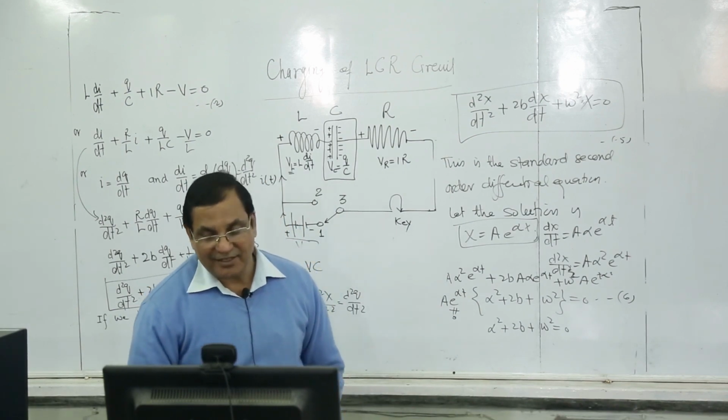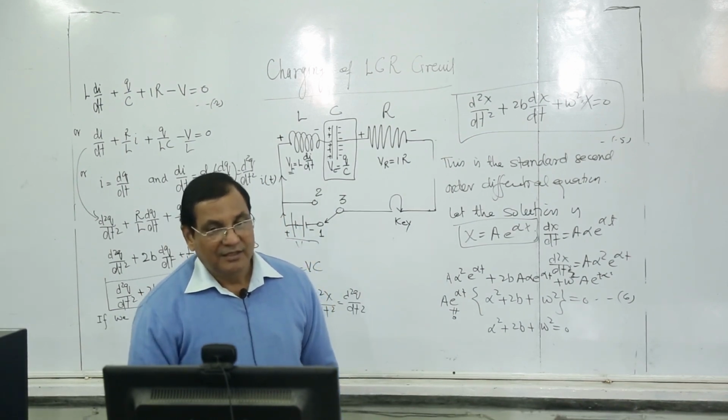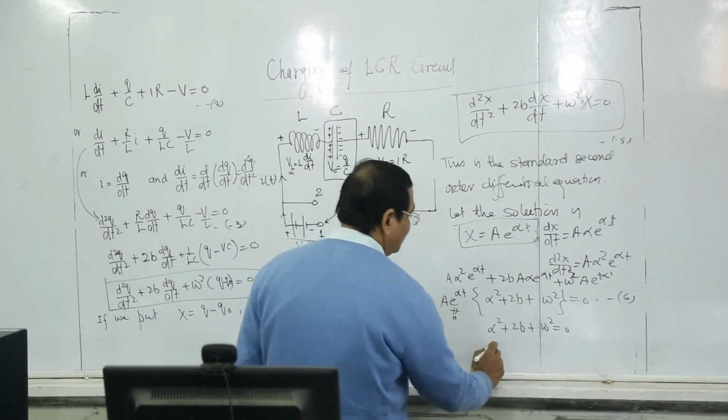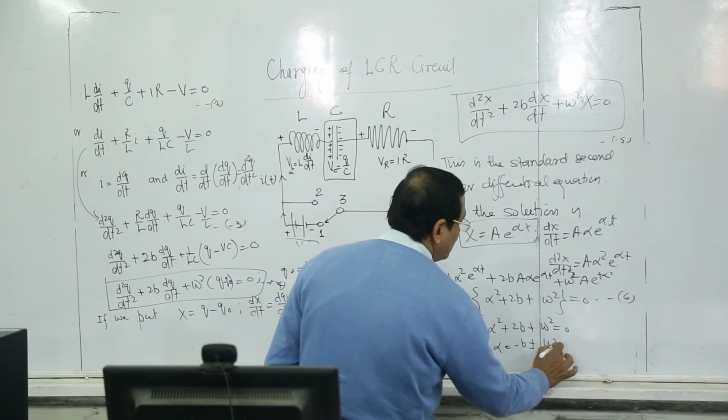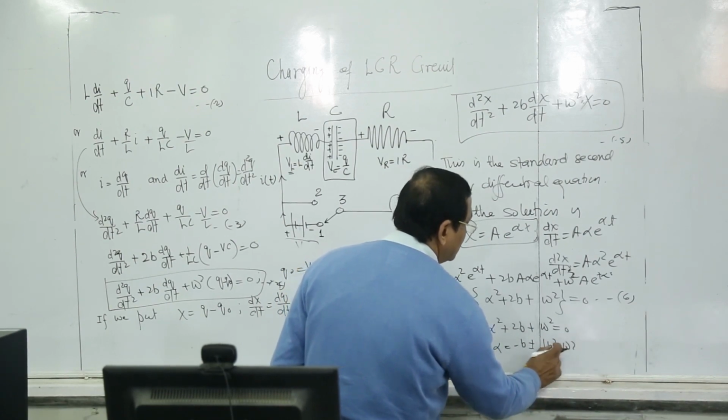This is a second order quadratic equation, and the solution is alpha equal to minus b plus or minus under root b square minus omega square.